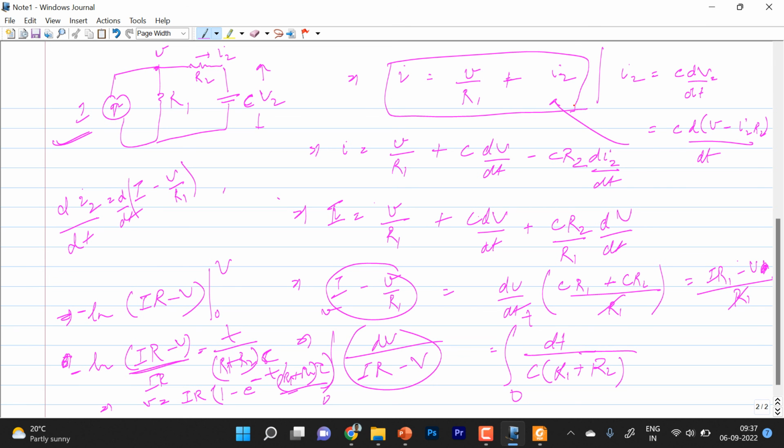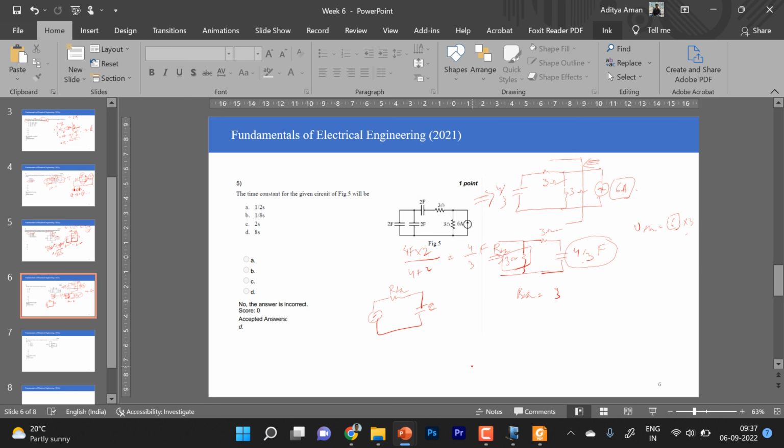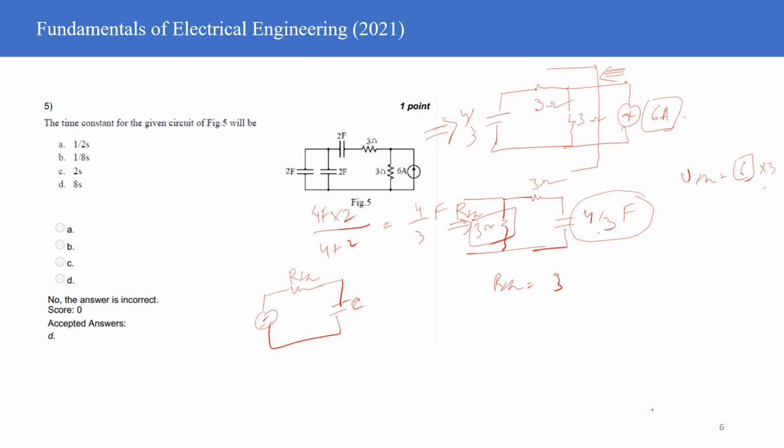So this is how you are going to approach this particular problem, and this will give you the final solution as we have seen till now. It's equal to R1 plus R2 into C is the time constant, right? This is what we had deduced over there.